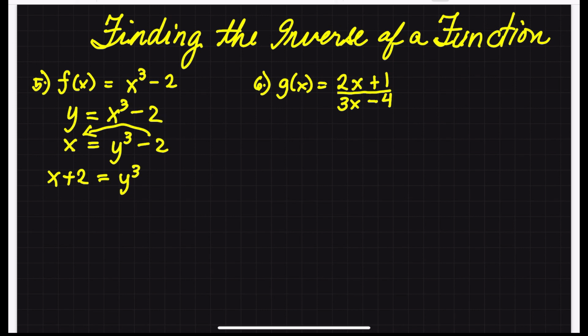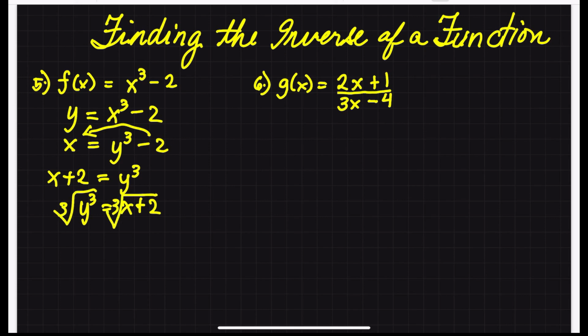Okay? Then, commutative property, si y cubed magiging equal to x plus 2. So, pinagpalit lang natin to. So, equal pa rin naman sila, di ba? That is commutative property. Para mawala yung 3 doon sa exponent, mag-cube root tayo both sides. Okay?